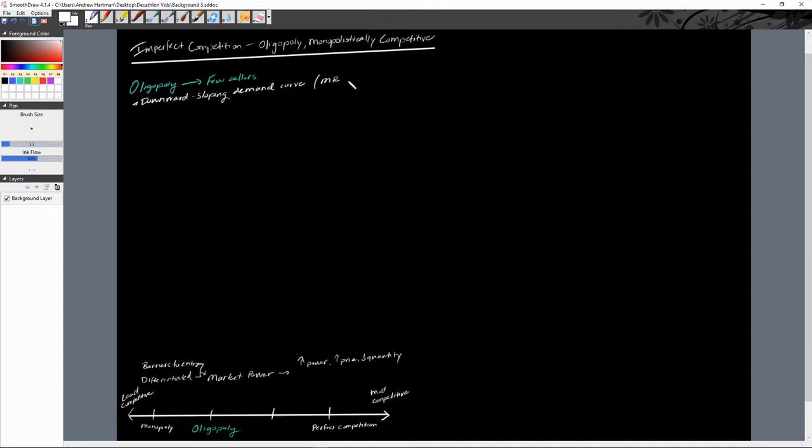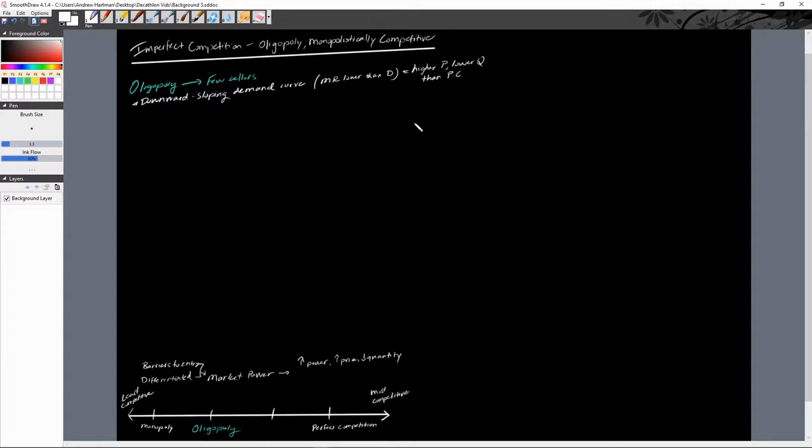But here we also have a marginal revenue that is lower than the demand curve. Because of this downward sloping demand curve and marginal revenue being lower than demand, that leads to a situation where we have higher prices and a lower quantity sold than a perfectly competitive market.